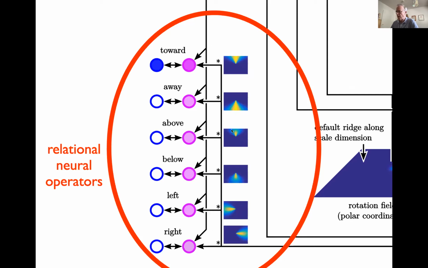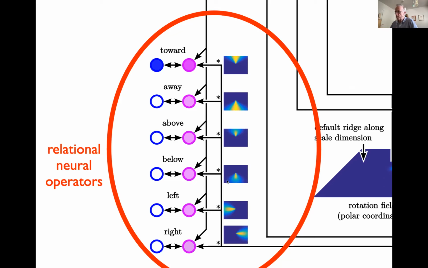For above, you have excitatory connections on the top and nothing at the bottom, below, left, or right. This refers to movement space, which I'll point out later. Away and toward have a similar structure. Now, I have to say which space this refers to. The color concepts project onto hue space.